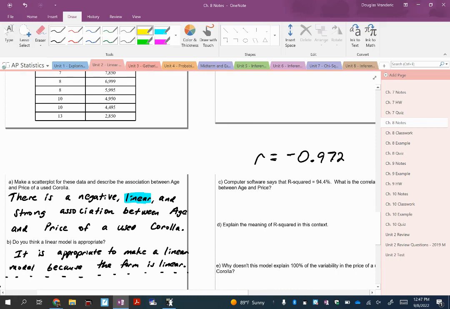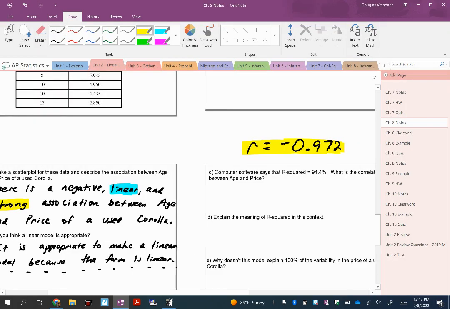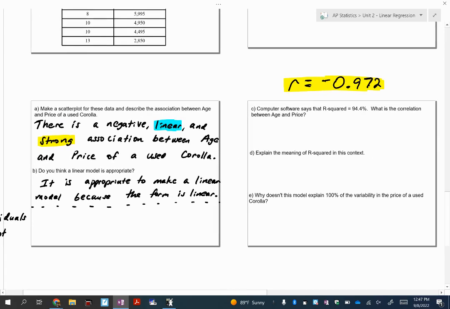I said earlier that the strength was strong. And an R of negative 0.972 is really, really close to negative 1. That is definitely strong. All right. And we already answered part C. I could have just written it here. My bad.